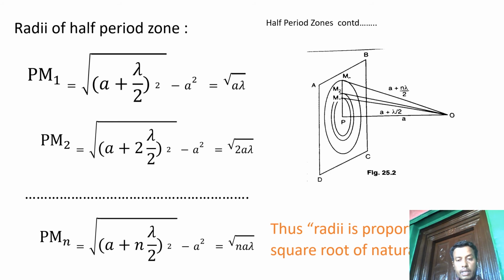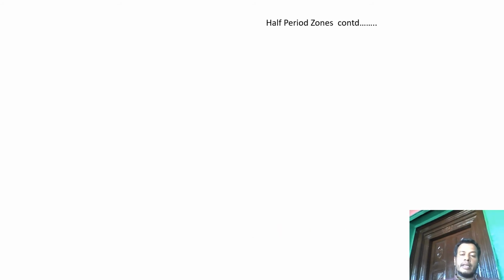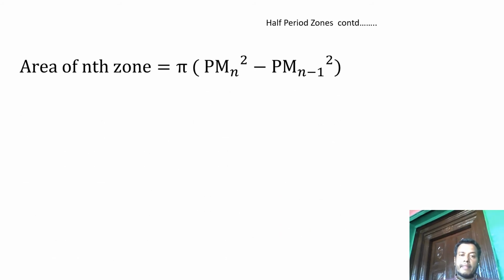Using this radius, find the area of the nth zone. We know that area of a circle is pi r square.